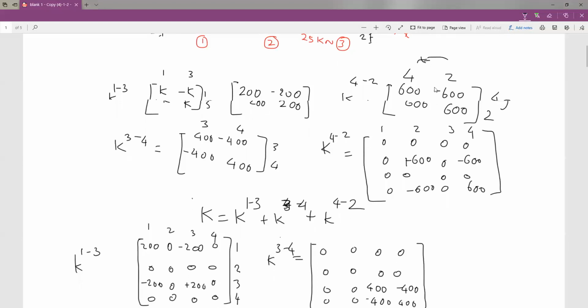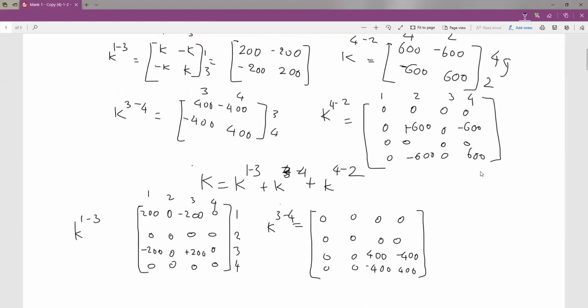So direct addition of this now is possible, because all our members are written in a 1, 2, 3, 4 way. So we start writing the addition of this.